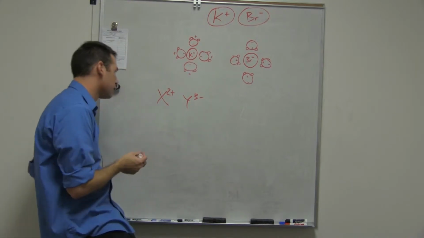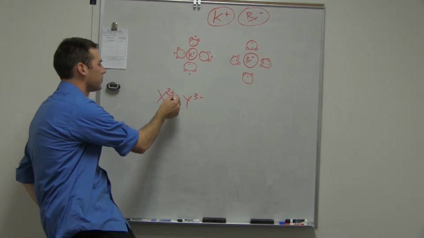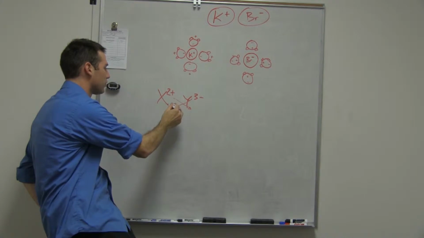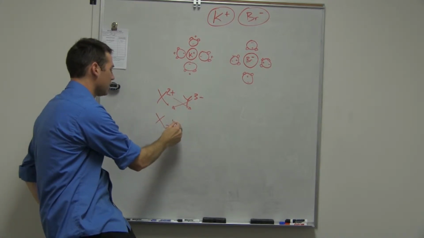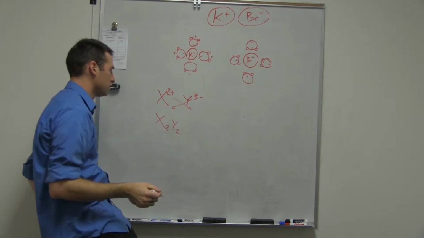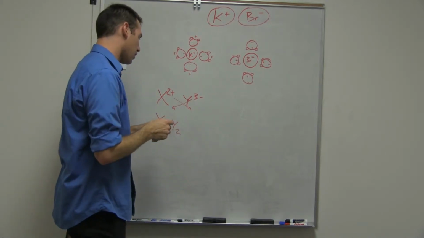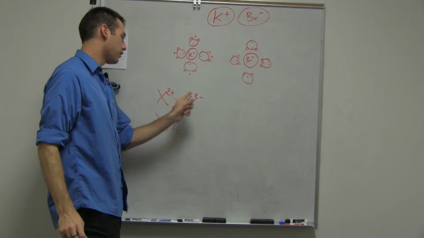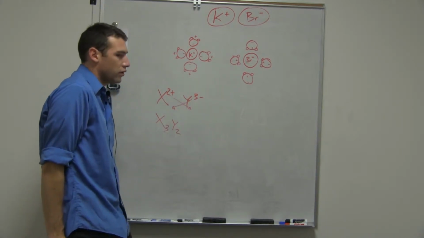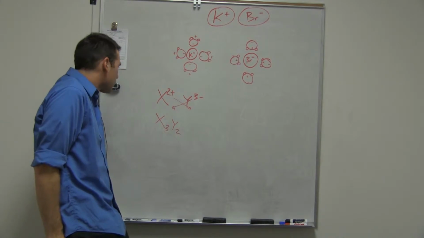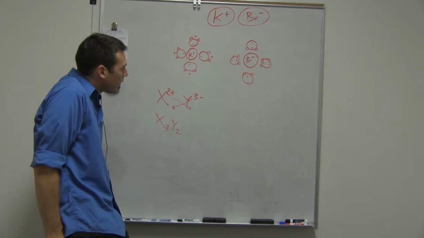Well, what you could do is the swoopy swappy rule. And so this will be x3, y2. Because we need to get them to have a common multiple so that their charges cancel out. This one goes up by 2's and that one goes up by 3's.